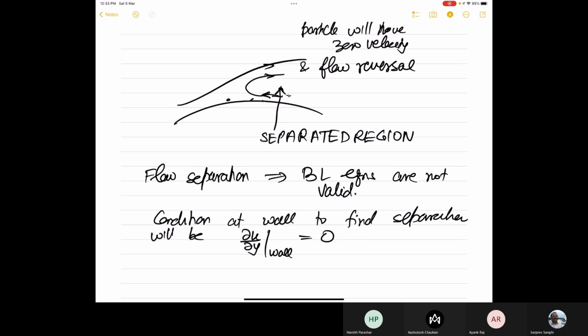In the unseparated region the particle moves ahead, so du/dy will be positive. But just at the point of separation, du/dy at the wall becomes 0, and then it becomes negative when flow reversal takes place in the region very close to the wall. Is this sort of qualitative picture clear?